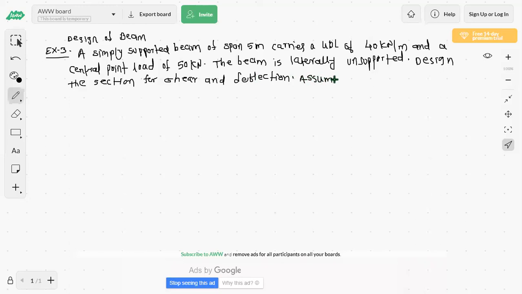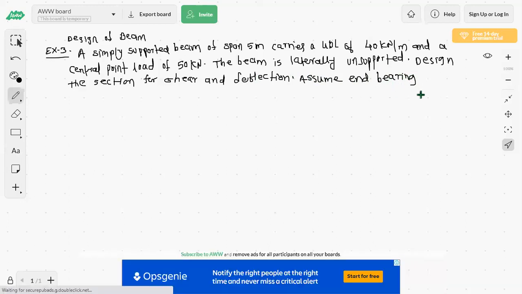Assume end bearing 75 mm. So, a simply supported beam of span 5 meter carries a UDL of 40 kilonewton per meter and a central point load of 50 kilonewton.